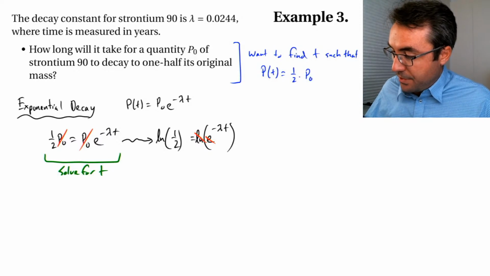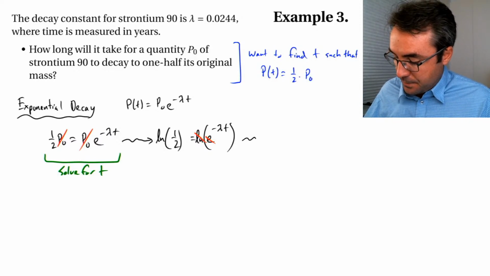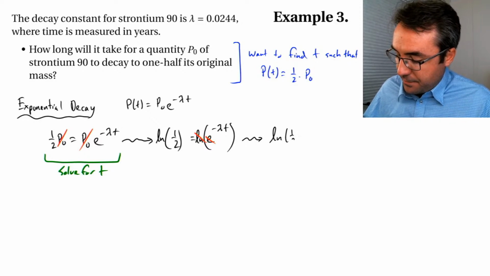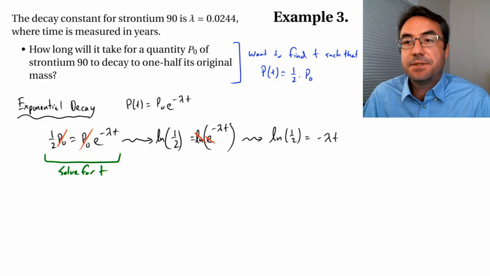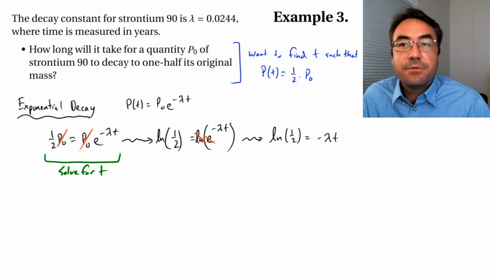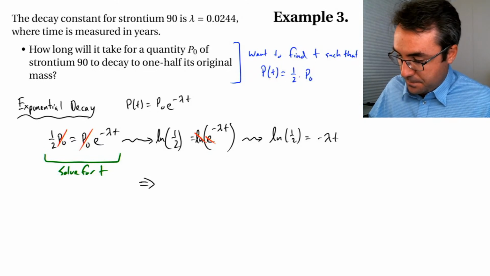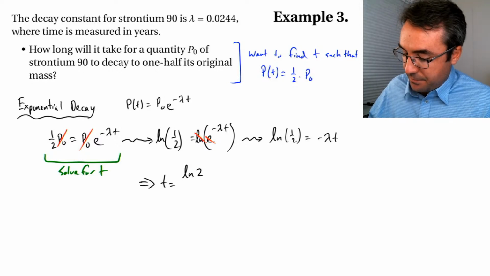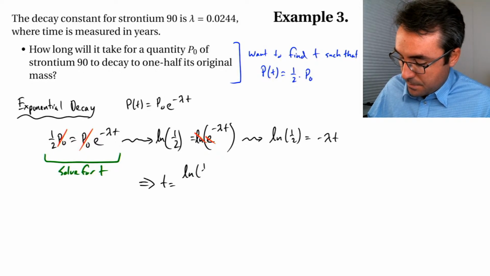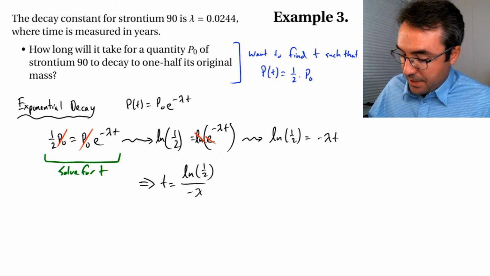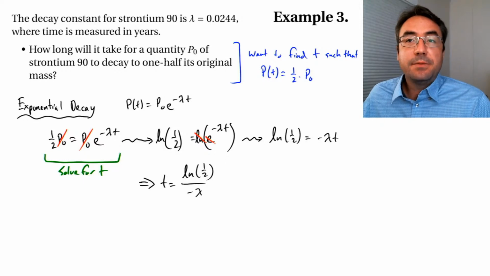And what we're left with then is just natural log 1/2 is equal to negative lambda times t on the right. And we just want to solve for t. So t is equal to natural log 1/2 divided by negative lambda.